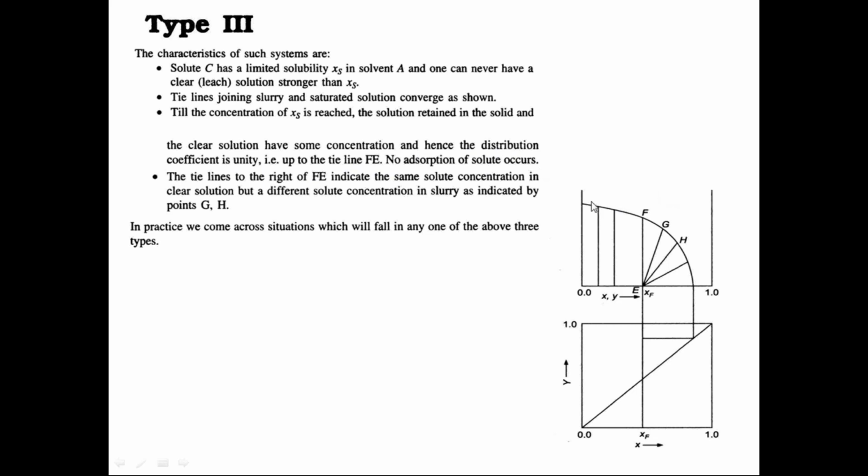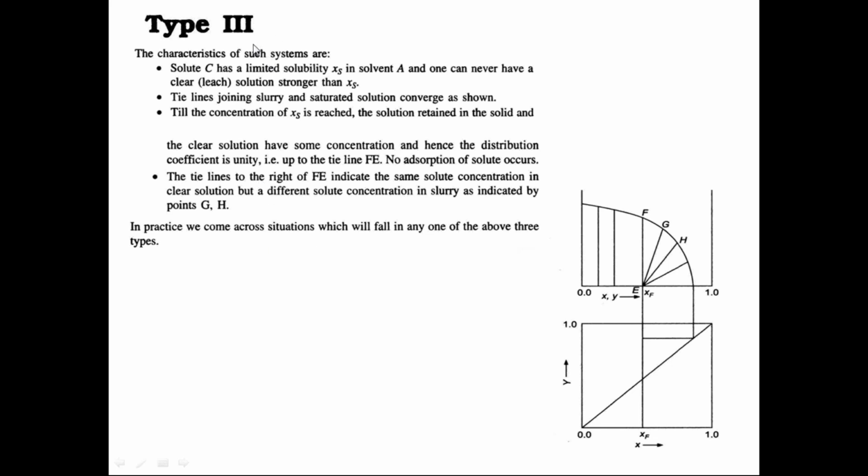But here also there is no adsorption, but limited solubility is there. The tie line to the right of FE indicates the same solute concentration in a clear solution, but a different solute concentration in the slurry, as indicated by points G and H. In practice, we come across situations which will fall in any one of the above three types.